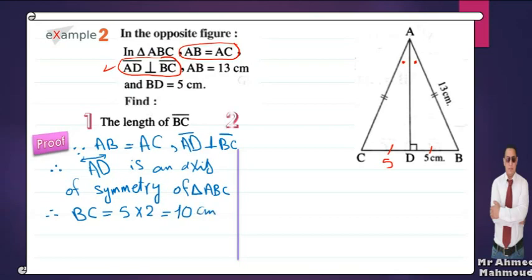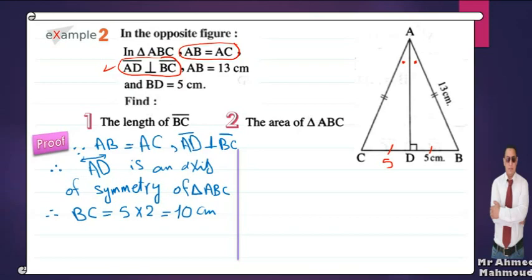Okay, the other requirement: find the area of triangle ABC. To find the area of the triangle, the area equals half the base times the height. Now I need the height. The height here is AD. I need the length of AD.